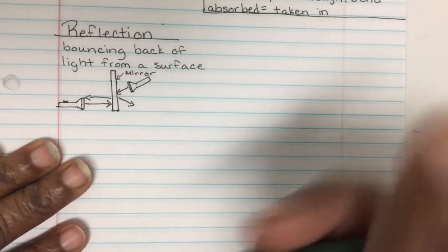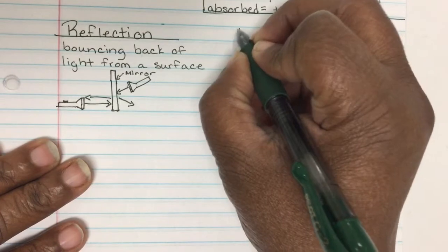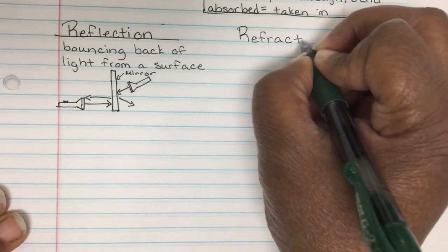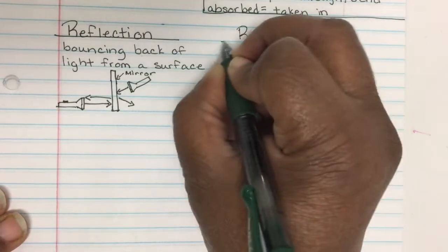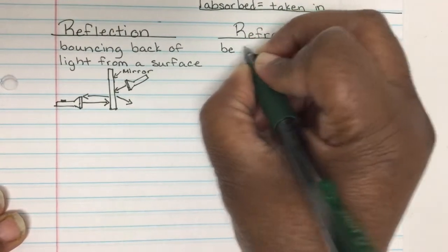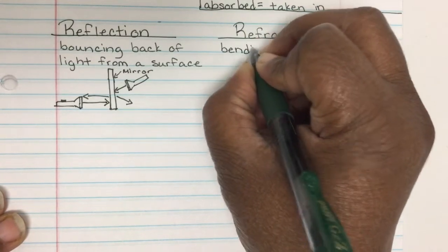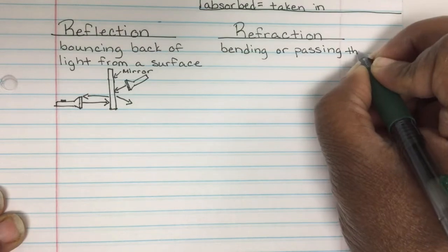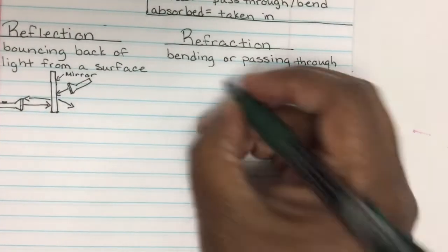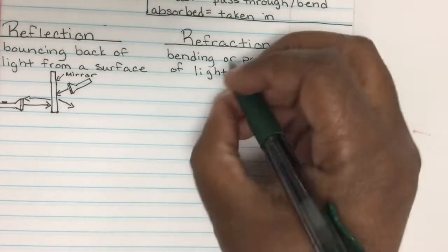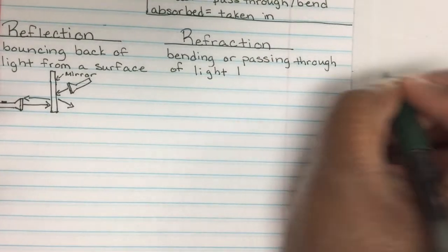The opposite of reflection will be refraction. And that's going to be the bending or passing through of light. And typically this happens from one thing or material to another.